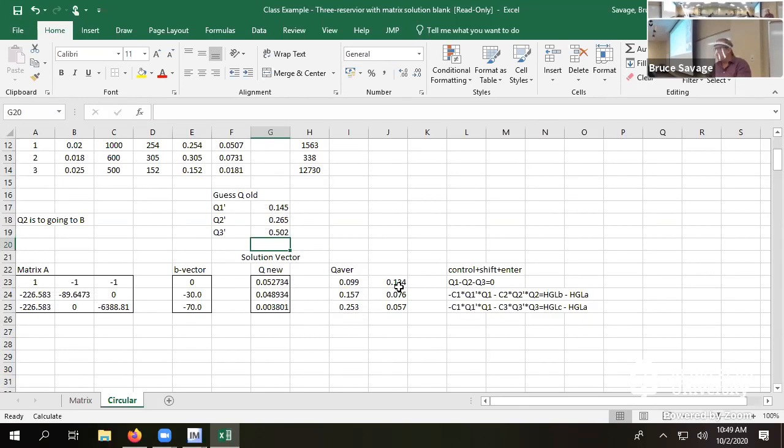You'll note that this is not the same value now because I only let it iterate once. So if I hit F9 now, it iterates one at a time. And you'll see that it starts approaching that other value, and I'm just about there, getting closer. Boom, now I'm there.